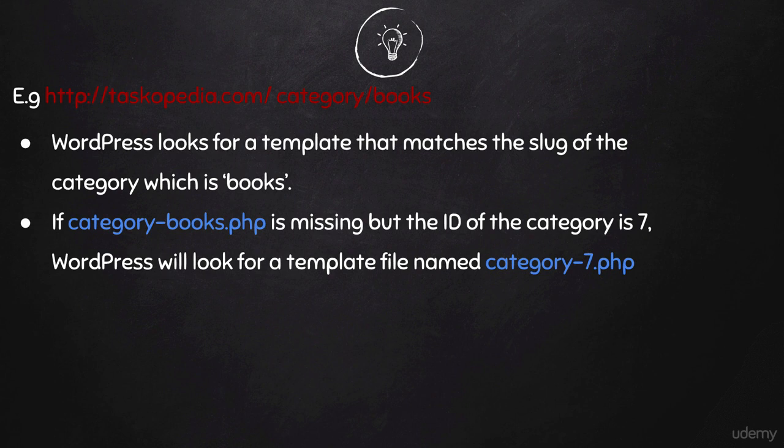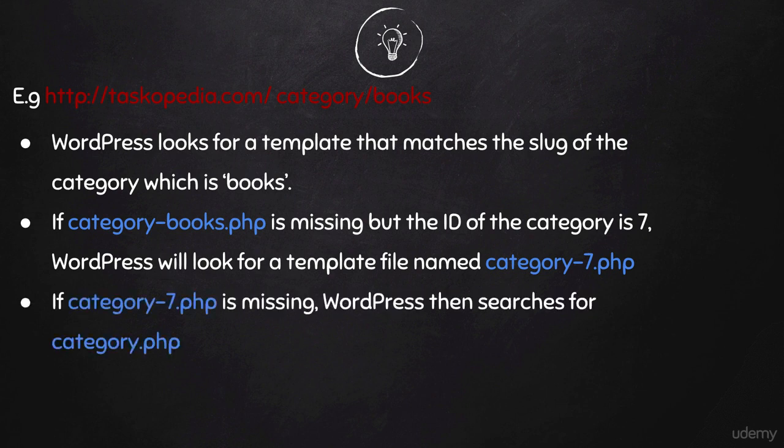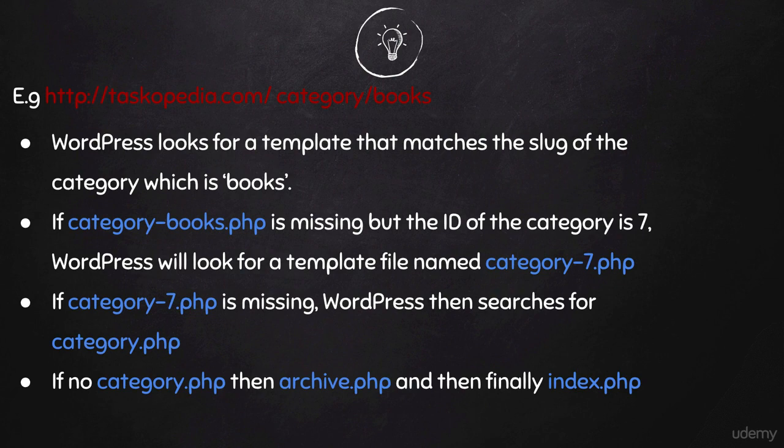Okay, category-7.php is next. If category-7.php is missing, WordPress will then search for the generic category template, which is category.php. If category.php is missing, WordPress will then check for archive.php. And if archive.php is missing, finally, WordPress will resolve to using index.php.